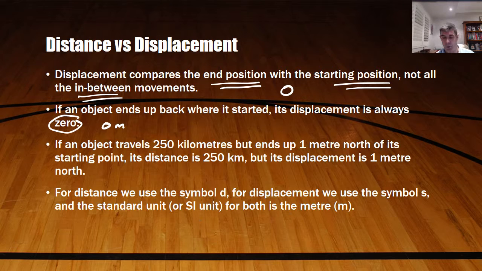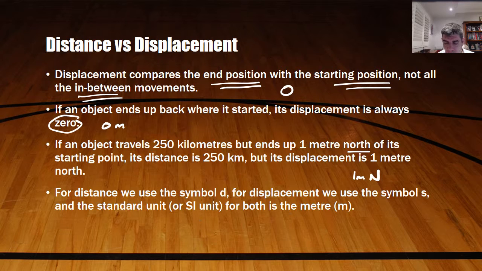If the object were to travel 250 kilometers, but end up 1 meter north of its starting point, it would still have covered a distance of 250 kilometers, but its displacement would be 1 meter north.